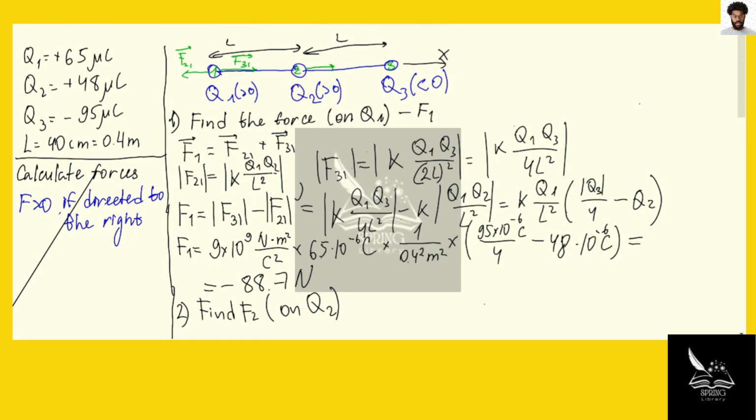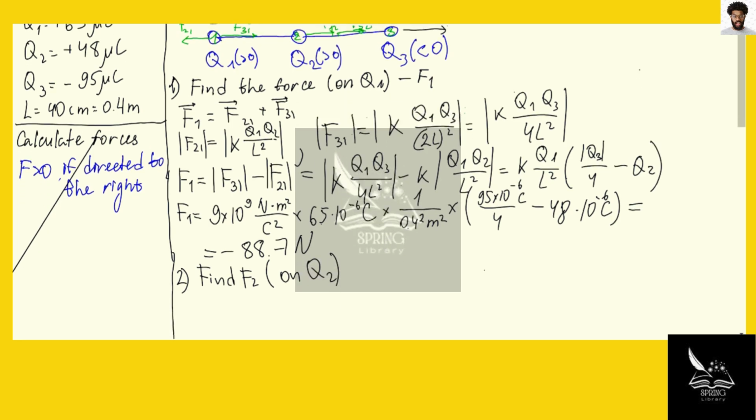That's why F12 is directed to the right, because this is the force of repulsion between the first and the second charges. Meanwhile, Q2 and Q3 undergo attraction, and F32 is directed to the right as well.